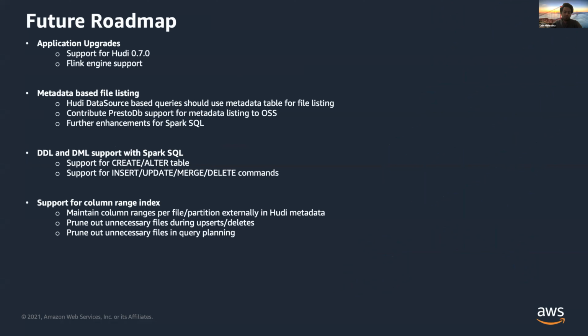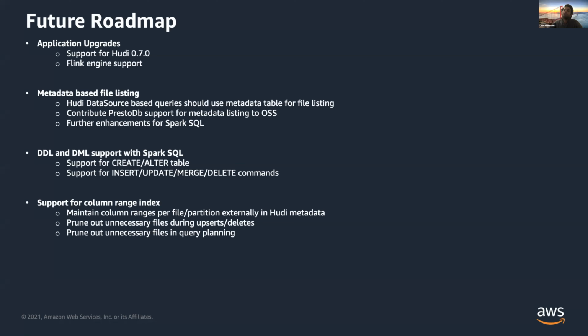And then we want to close out some of the gaps that still remain with metadata based file listing. The data source queries still can't use this feature, so we want to make sure that is closed. We want to contribute our Presto work back, and there's still some scope for enhancements on how Spark SQL actually uses the input format, so there's some scope for performance enhancements there.